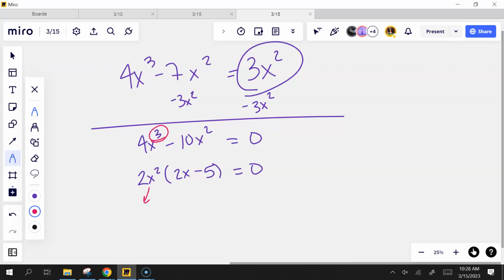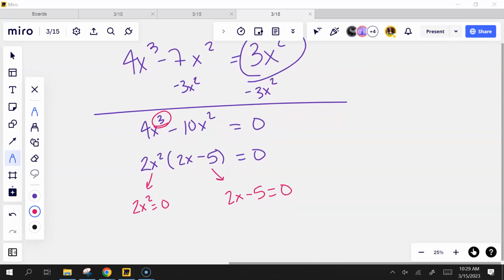In this case, if I set this to 0 and this to 0, I only get one solution here, but what's really happened? It bounced. Why did it bounce? It's got multiplicity of 2, and it bounces there. So it's really 2 solutions, but it's one at the same time.